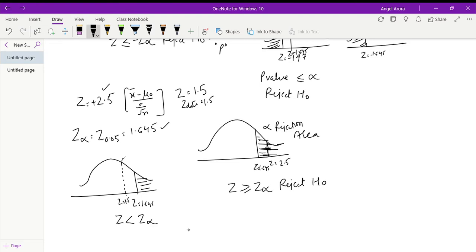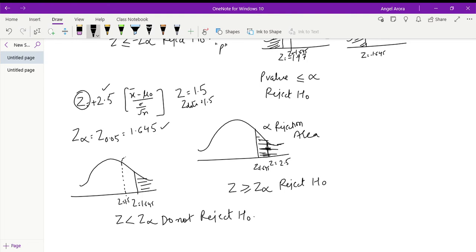So that means we do not reject the null hypothesis. So I think you must have understood by now that Z should not fall into the rejection area for the null hypothesis to be true. If it falls under the rejection area, then we will reject the null hypothesis. So this was the upper tail test.